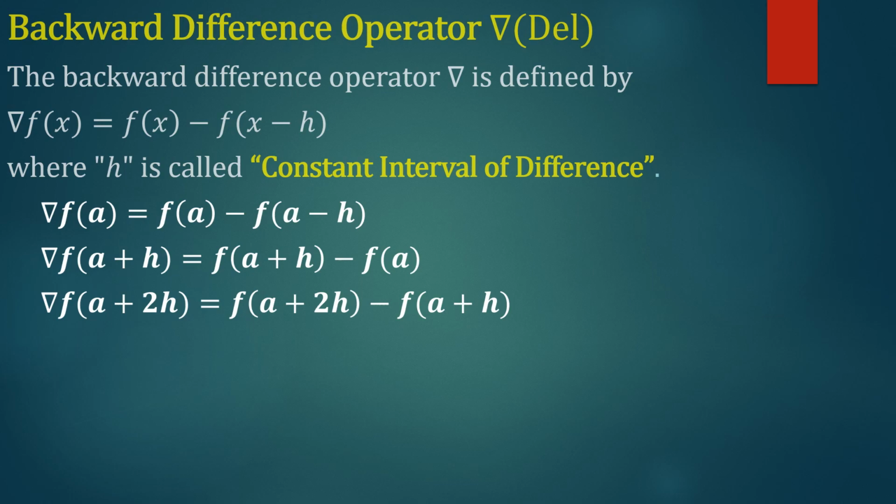Therefore del f of a plus 2h is equal to f of a plus 2h minus f of a plus h, and we can write this for any number of functions, and so on. It means we can use this backward difference operator for any of the polynomial functions.